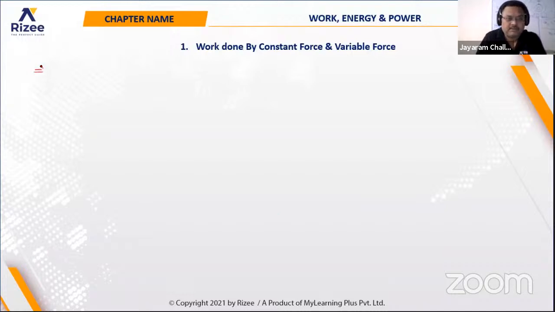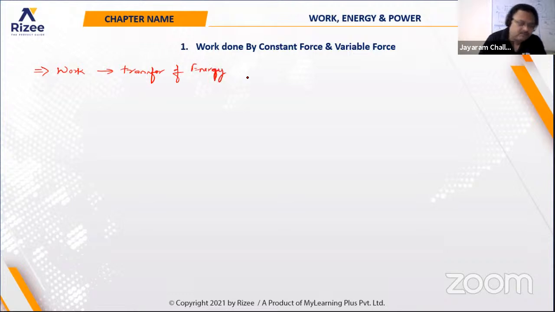Work done by the constant force. Work is nothing but a transfer of energy. So by doing certain work, you are transferring the energy from one form to another form.